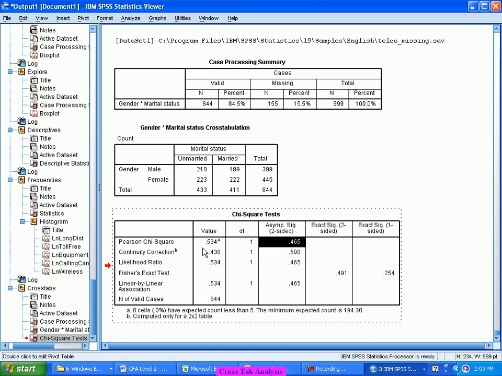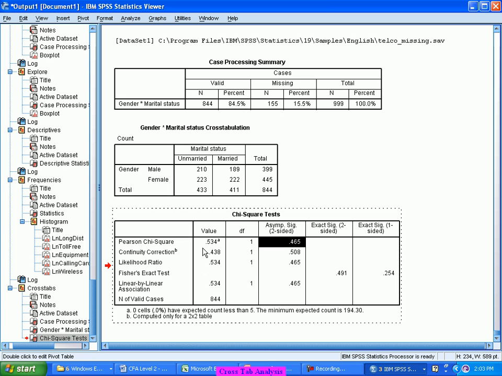So if the significance value comes 0.05 or lesser, I attribute it to those extremes, which means it's in the rejection zone. Rejection zone means I will not go with the null hypothesis, equality. I will go with the alternate hypothesis, which is the difference. But if it is greater than 0.05, it means it is in this 95% zone.